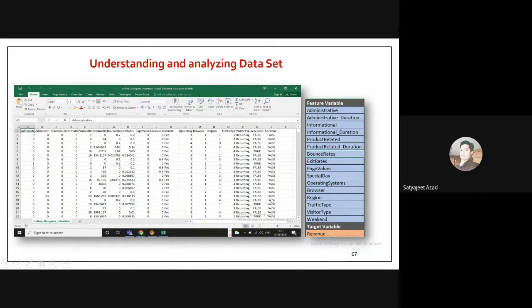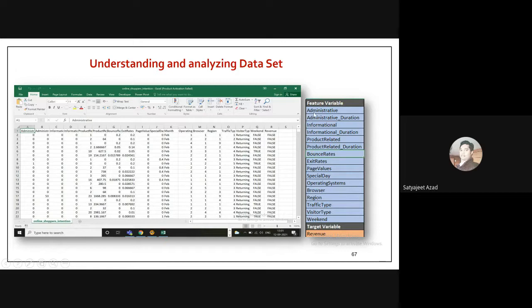This is a binary classification, so revenue is the target variable and the rest are feature variables. Now you can apply logistic regression, linear discriminant analysis, random forest, decision tree, support vector machine, naive Bayes, KNN. There are many classification algorithms you can apply.